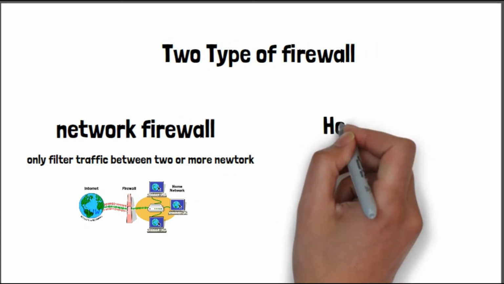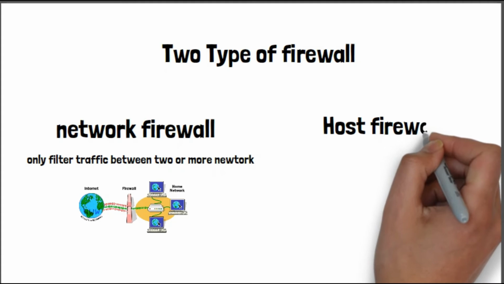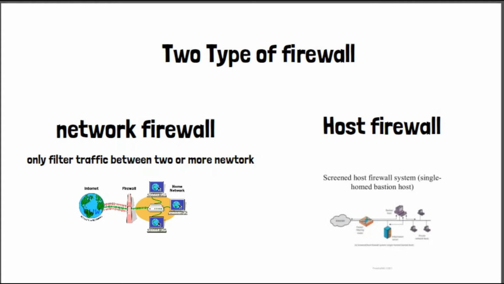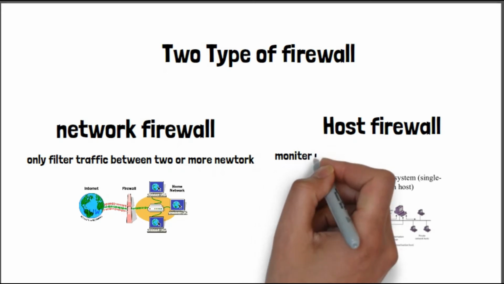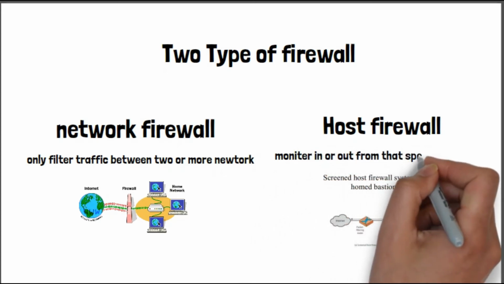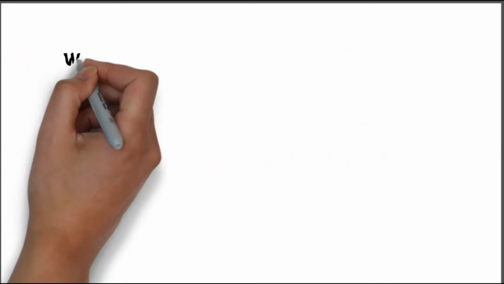And second one is the host firewall. You see that the host firewall only monitors the input and output of the specific machine, like the offline.